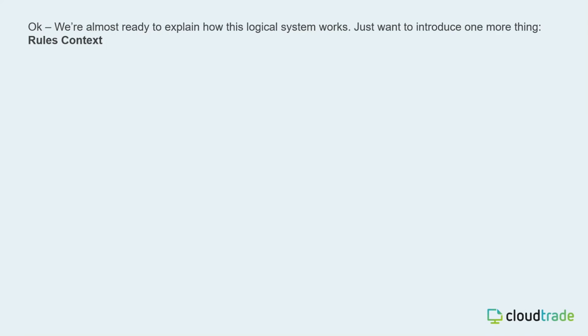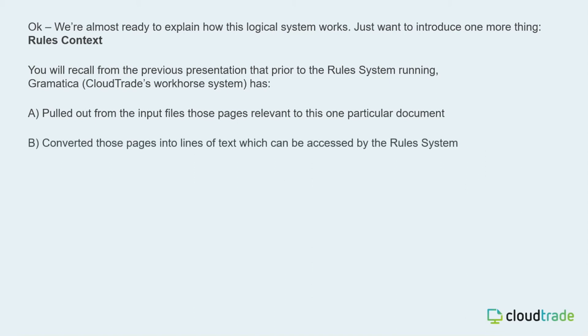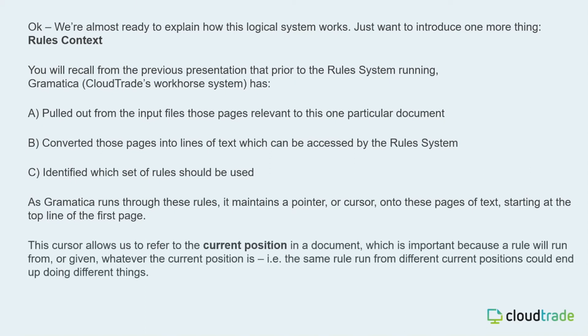Okay, we're almost ready to explain how this logical system works. Just want to introduce one more thing: rules context. You'll recall from the previous presentation that prior to rules running, Grammatica has pulled out from the input files those pages which are relevant to this one particular document, converted them into lines of text which we can access using our rule system, identified which set of rules should be used, and as Grammatica runs through them, it maintains a pointer or cursor onto these pages of text, starting at the top line of the first page.